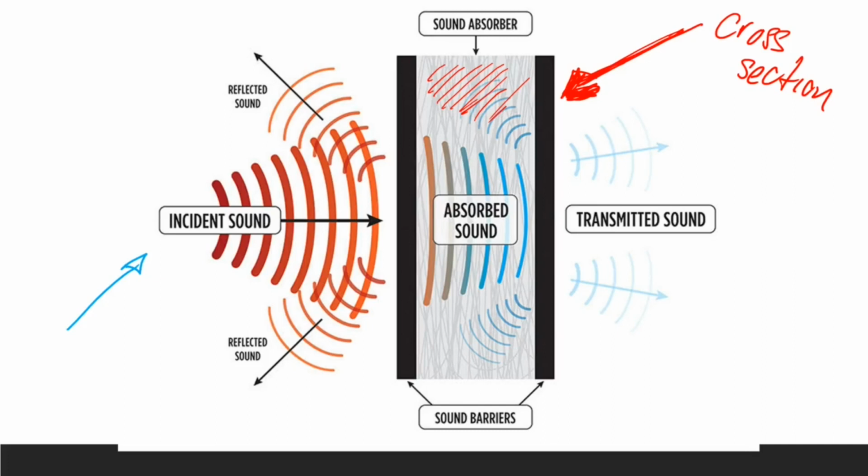So we've got an incident sound here, and we can see that largely sound is reflected off these surfaces. There's various types of materials that we can use in terms of the build-up of the wall, of which I'm going to set you a little bit of homework, in that you need to investigate the types of materials that have different sound absorption and sound barrier.